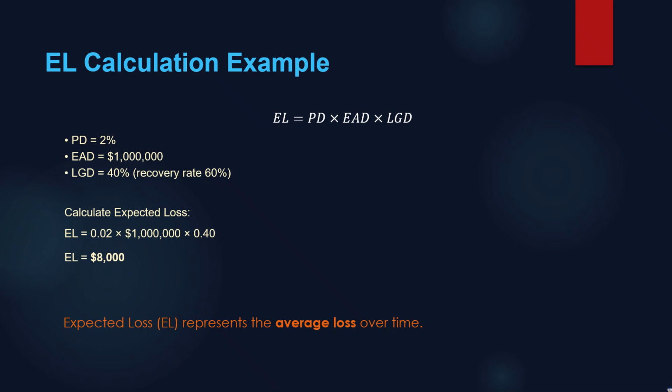If you are charging less than say 0.8% spread on this loan, which generates $8,000 on 1 million, you are underpricing and will lose money over time. This is fundamental to credit risk management. EL is a cost that must be priced into products. Unexpected loss, or UL, which will be discussed next, requires capital.